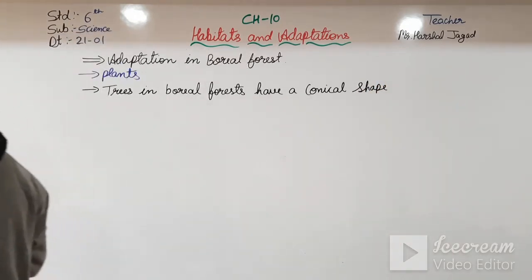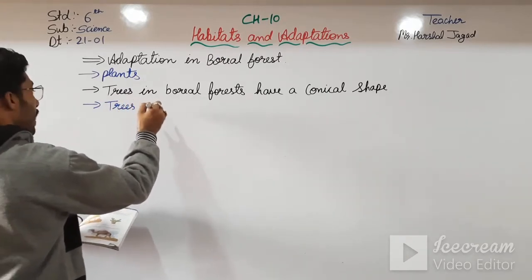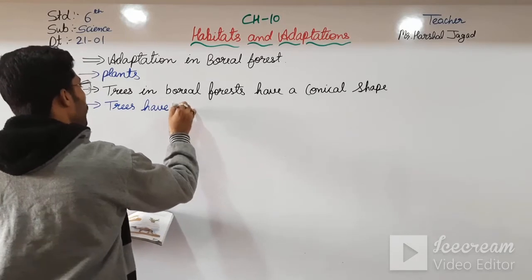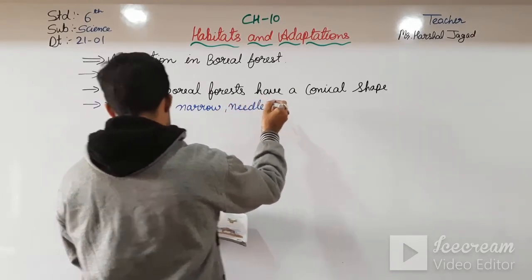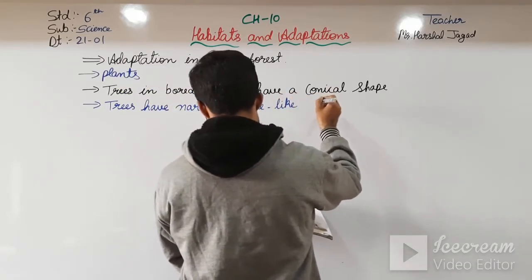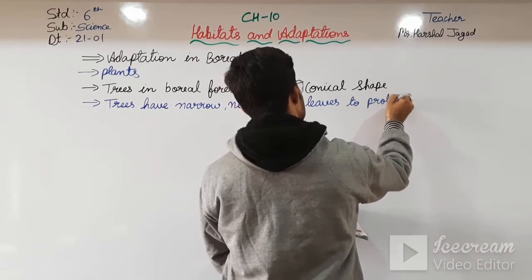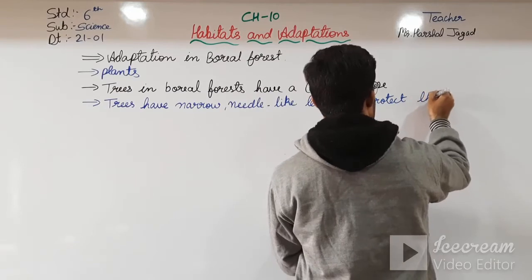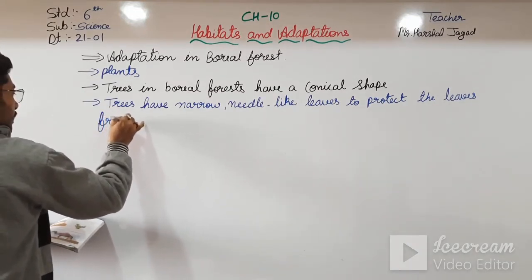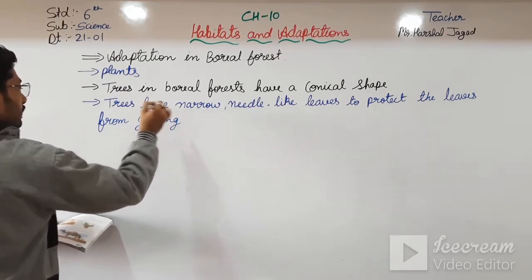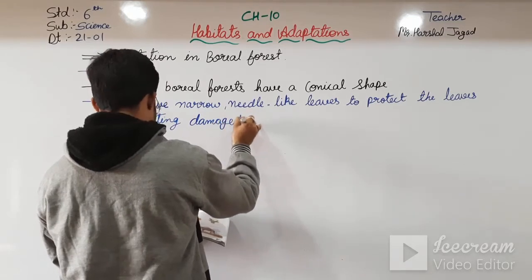And another one is trees have narrow needle-like leaves to protect the leaves from getting damaged in snow.